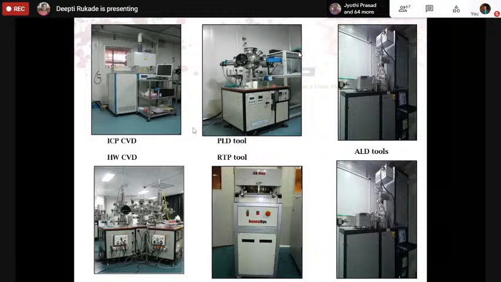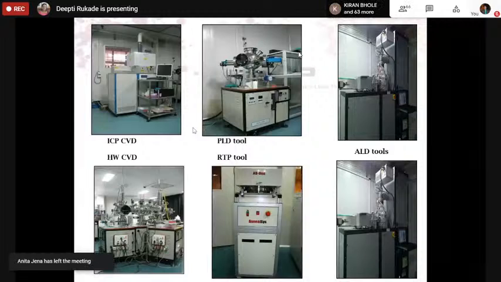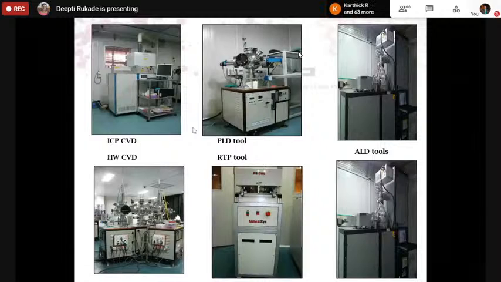The tools on this slide are all vacuum tools, and all have a base pressure of around a minimum of 10⁻⁶. So all the processes carried out in these tools are done with a minimum vacuum of 10⁻⁶ torr. Now, as we move ahead, you can see the PLD tool, that is the pulsed laser deposition tool.